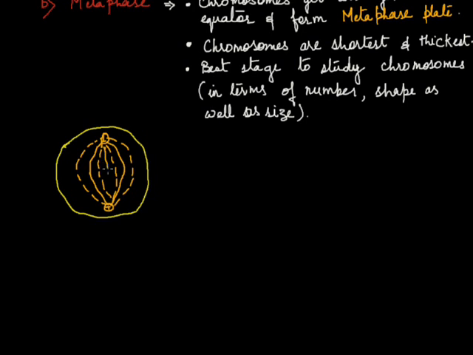The continuous fibers extend from one pole to the other pole, whereas the discontinuous fibers extend from one pole to the other pole, but they are attached to the chromosome's centromere.